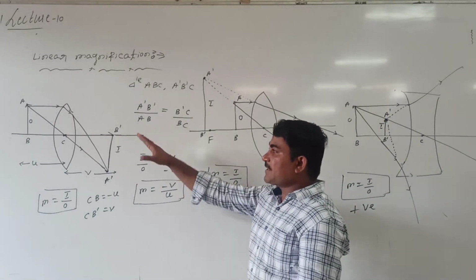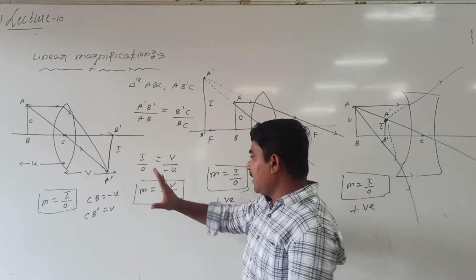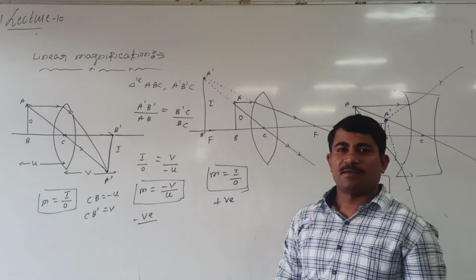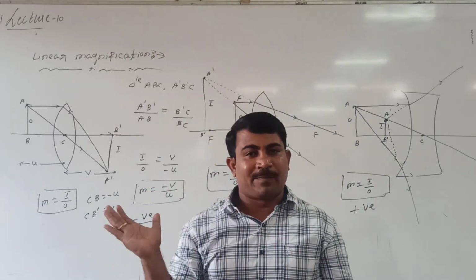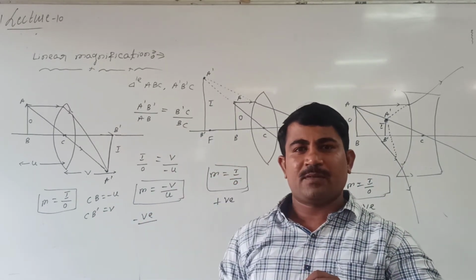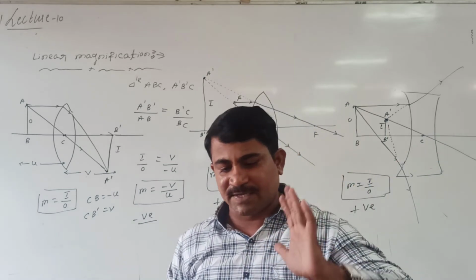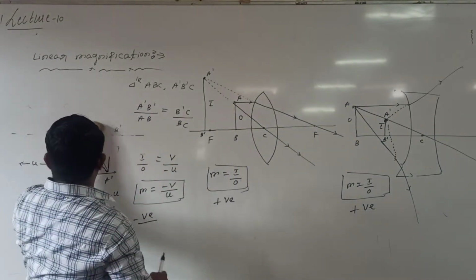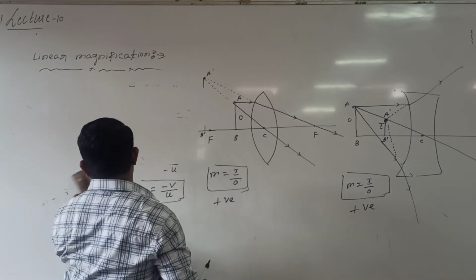If the lens is convex and the image is real, linear magnification must be negative. Remember this point. Now we should know linear magnification in terms of u and f; that concept we'll see, then further we'll move.